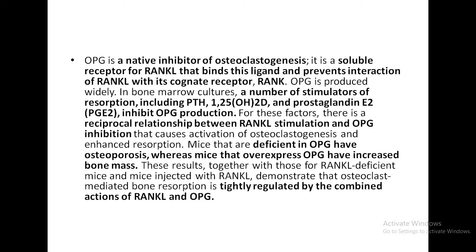So there is a reciprocal relationship between RANKL stimulation and OPG inhibition. Mice that have a deficiency in OPG have osteoporosis, but those which overexpress OPG have increased bone mass. So bone resorption is tightly regulated by the combined actions of RANKL and OPG.